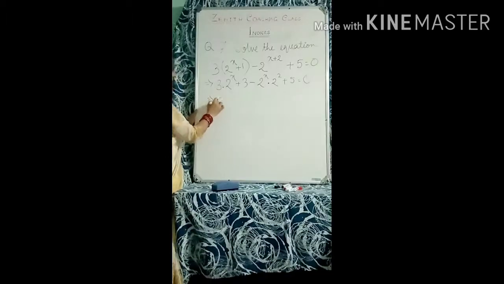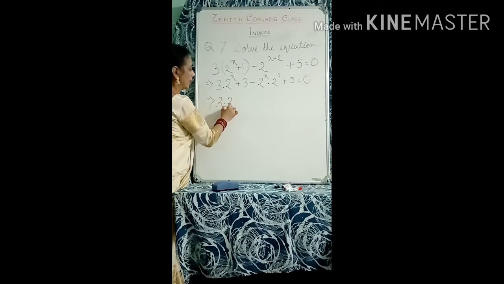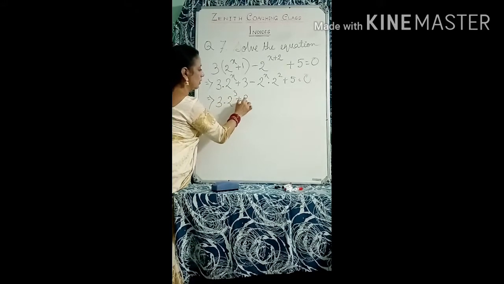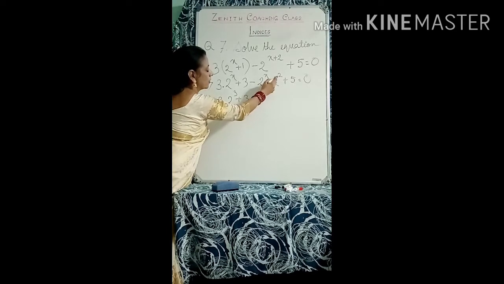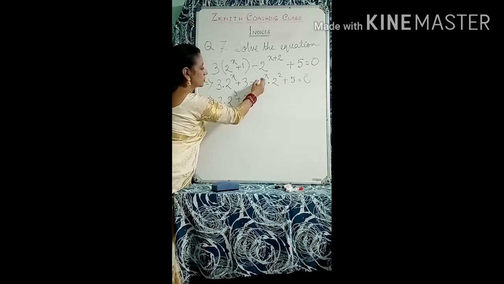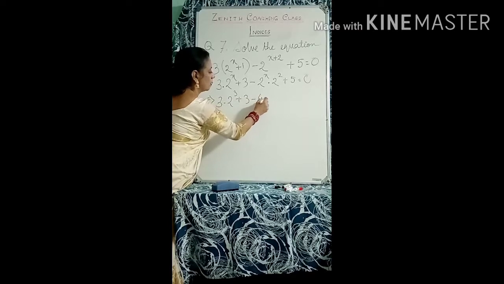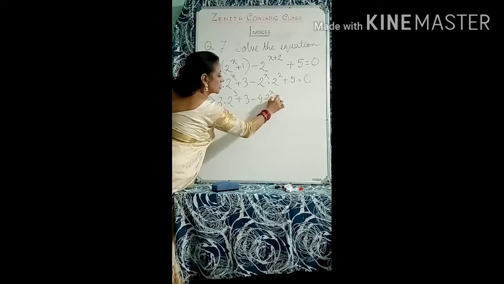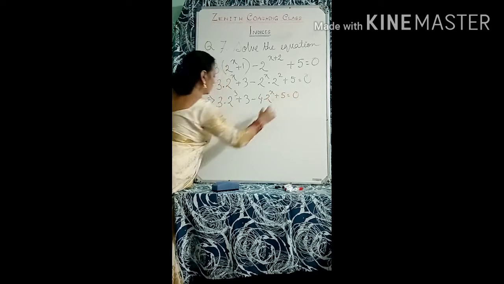Then 3 into 2 to the power x plus 3 minus 2 to the power 2 is 4, that is 4 multiplied by 2 to the power x plus 5 equals to 0.